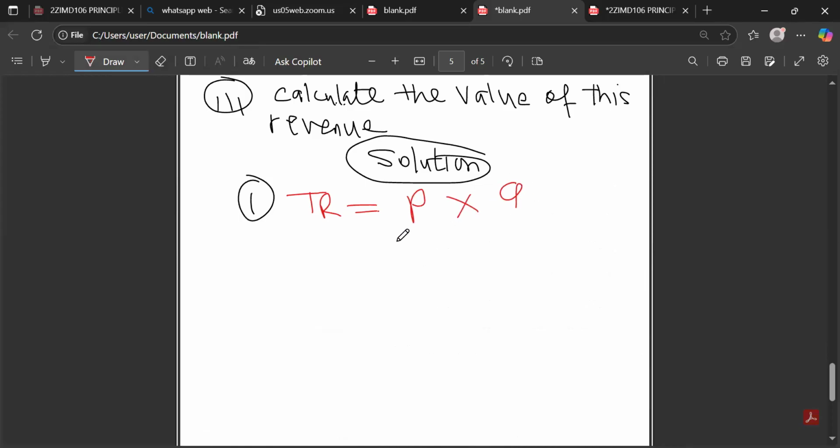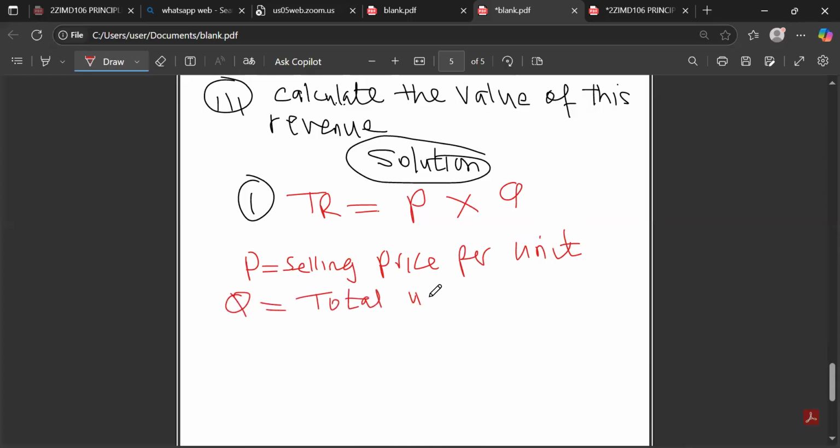That's the total revenue, where P is the selling price per unit and Q is the total units sold. That is how we get to the total revenue.